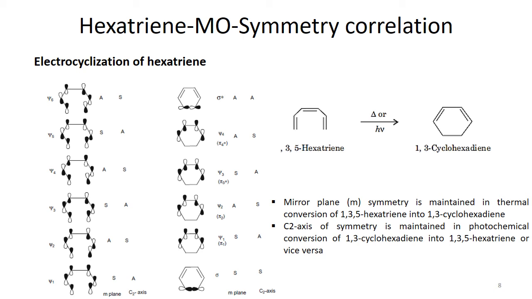Here in the thermal reaction psi3 is the HOMO, so electrons can transfer from HOMO to LUMO, but in this case the LUMO shall be the molecular orbital of 1,3-cyclohexadiene. So from psi3 electrons can move to pi 3 star, or psi3, of the cyclohexadiene.